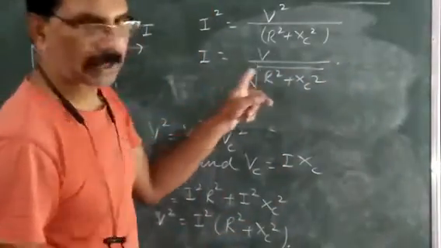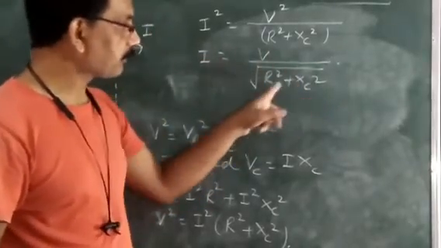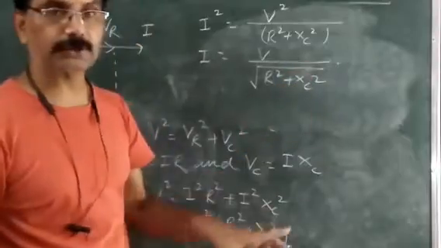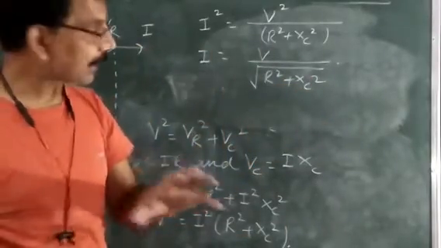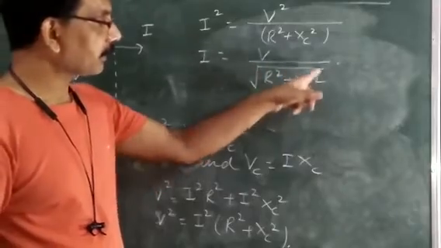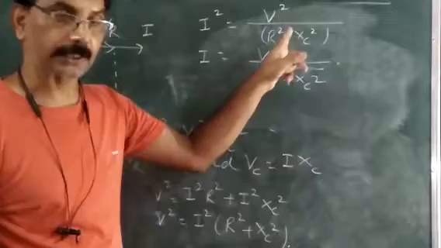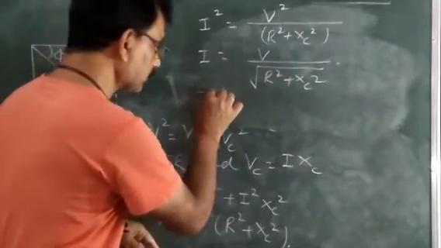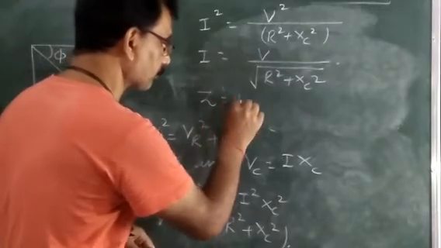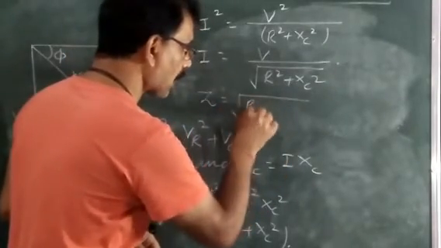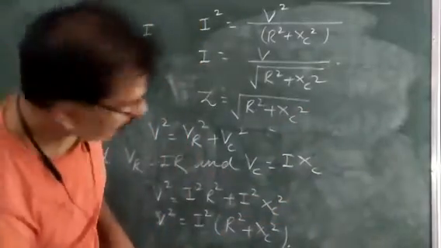And when you compare it with Ohm's law, I is equal to V upon R, it means root R square plus XC square is the effective resistance of this CR circuit. But this one is not called resistance, it is called the impedance of the CR circuit, and it is denoted by Z. So Z is equal to root R square plus XC square.